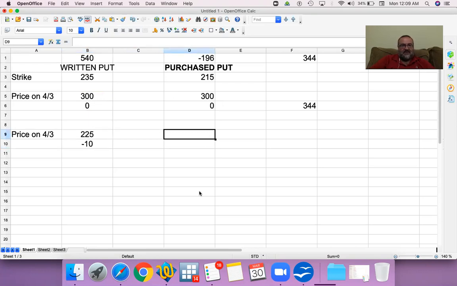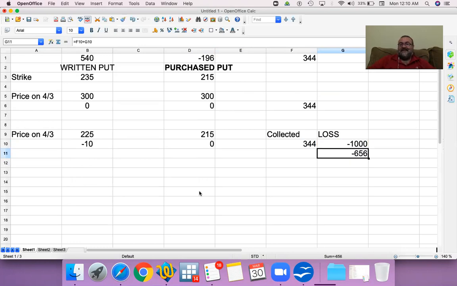With respect to the purchased put, because 225 is above that, we don't make or lose anything, and the purchased put dies worthless. So we collected 344, and then we have a loss of $10 a share, so $1,000. Overall, we have a loss of $656.